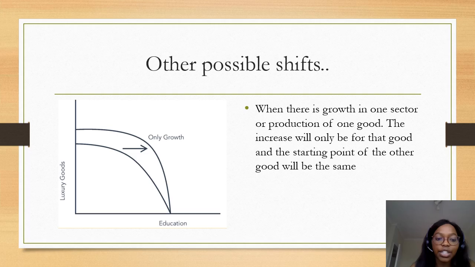Production in luxury goods increased because of better technology, and education remains the same because people just don't want to be teachers, so they don't get into that industry. What happens is there will be a swivel on the side of luxury goods. So the curve will only shift on this side, and the starting point of education will still remain the same. This is just to show you another possible shift that can happen.